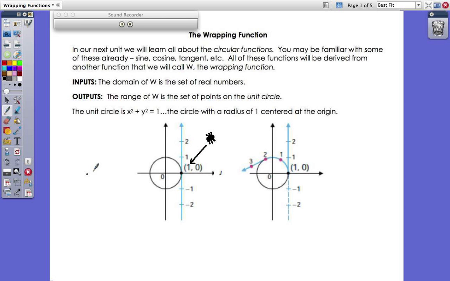And you tell this little bug to start walking, and he just walks around the unit circle. And you tell him a certain length to go, you know, 4 units or something like that. And wherever he stops, that's the output. The bug will say back to you, hey, I'm at this coordinate here. So the input is how far you tell the bug to go. He walks around the unit circle. The output is where he stops. That's the idea when we talk about the wrapping function.